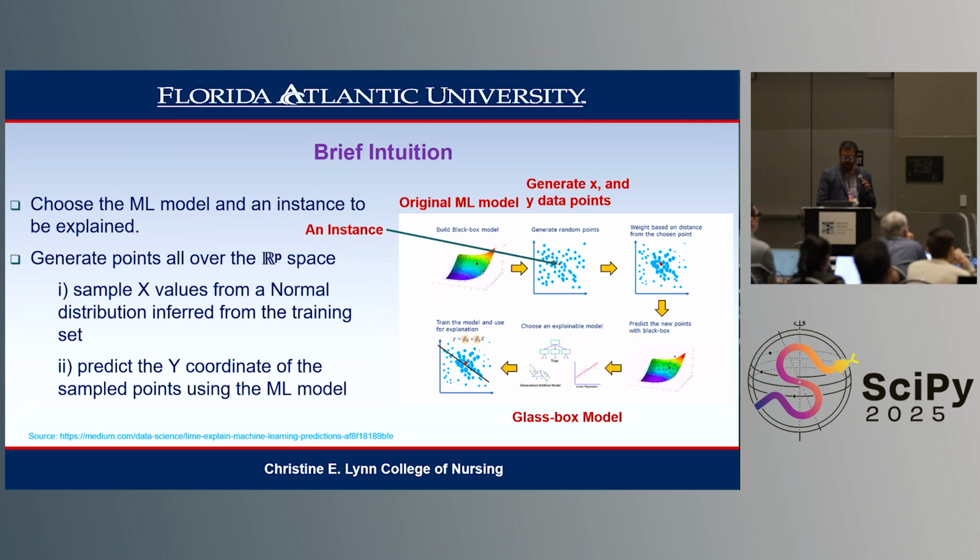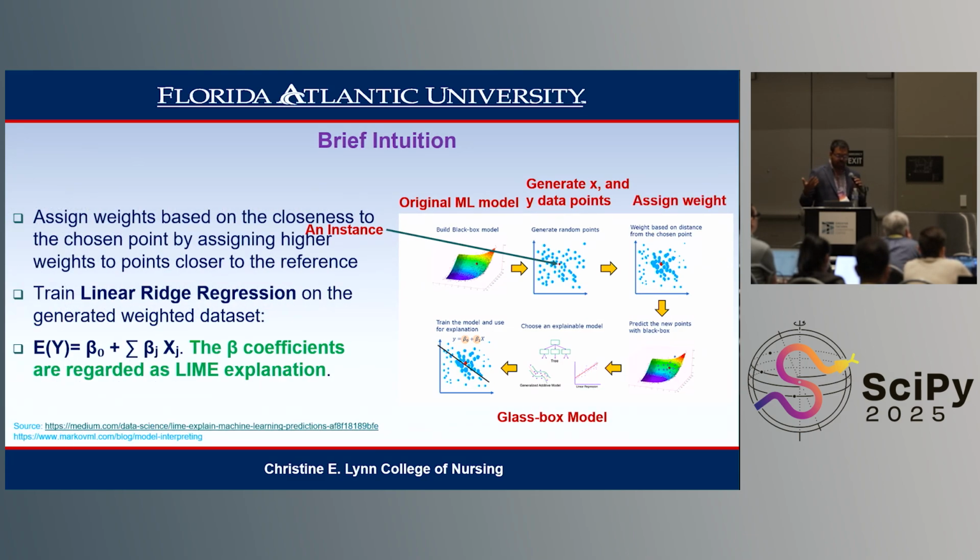Then you also ask the model to generate the Y prediction for those synthetic data. And then you use a linear regression model to fit the synthetic data generated from the distribution and the model prediction. And then you explain with the weights of the linear regression. So that's pretty much the beta coefficients.